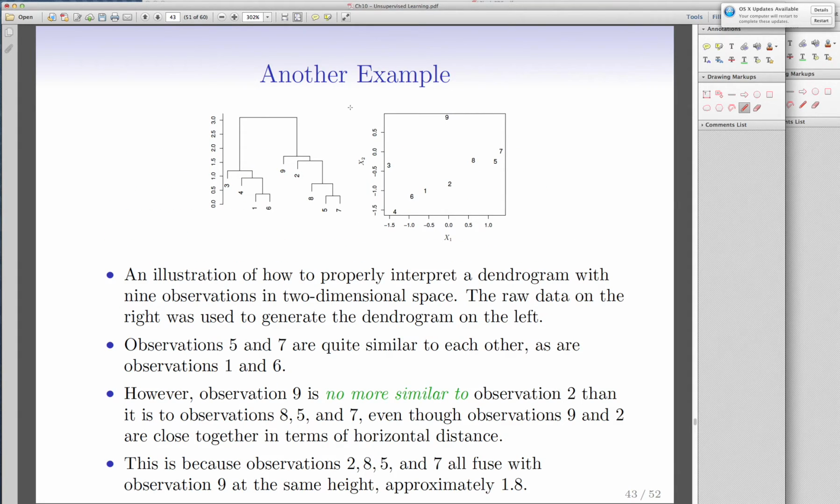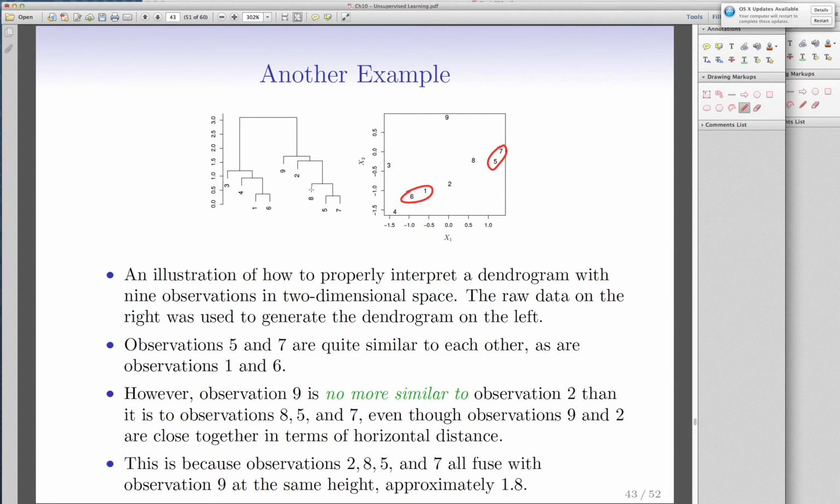Here is another example. It starts from clustering 7 and 5. The way we find this is the pair that gives you the minimum error. So 5 and 7 were clustered first. They became one cluster. Then 1 and 6 were clustered together.